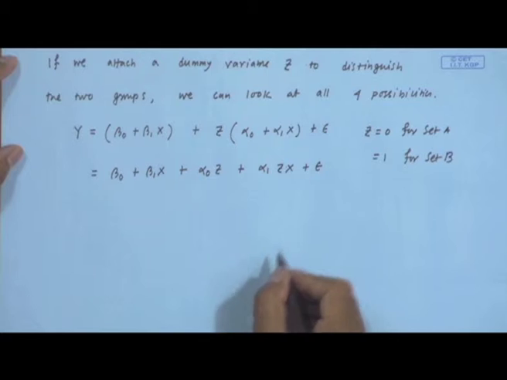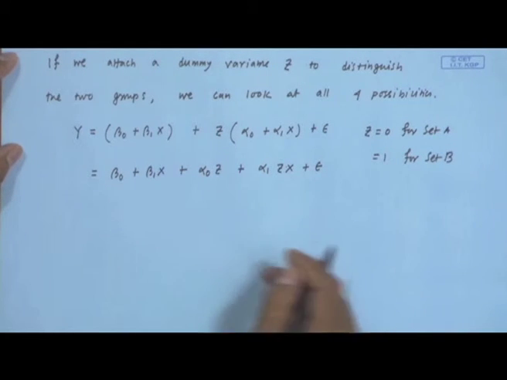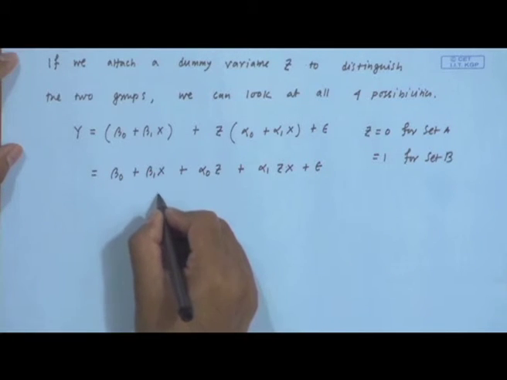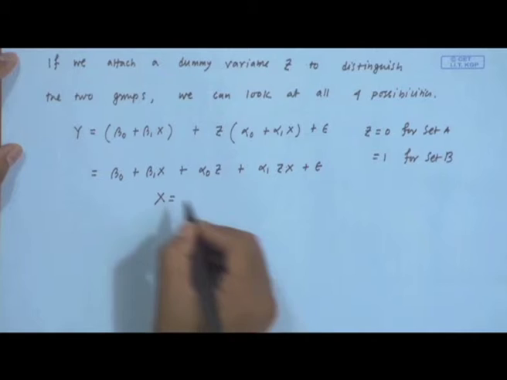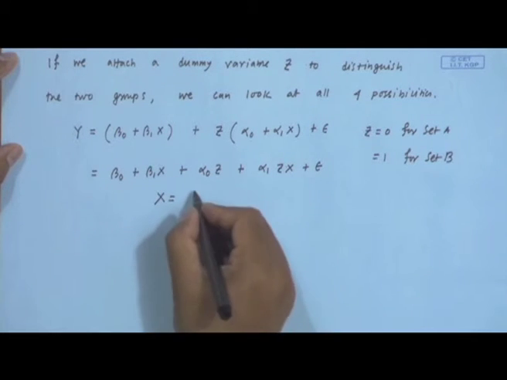So, this is the model we are going to fit, and you can see that here it is a multiple linear regression model. And what is the X matrix here? The X matrix has 1, 2, 3, 4 columns.